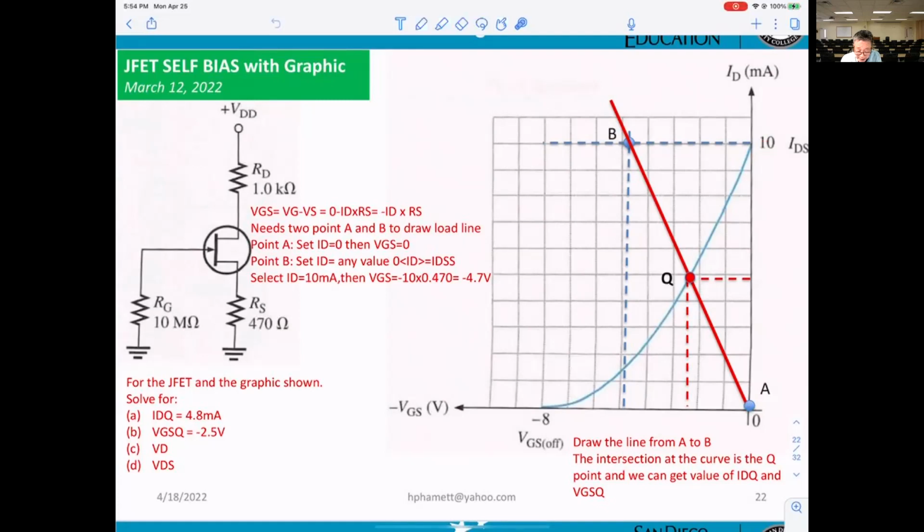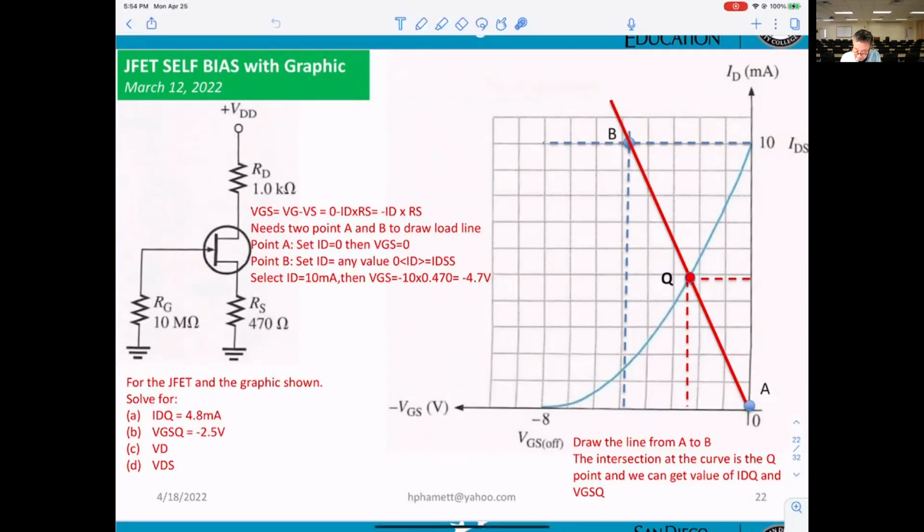Then VGS equals 10 times RS, you get minus 4.7 volt. You draw the line up from ID, and at that point you get the B. Now you draw the load line A to B.